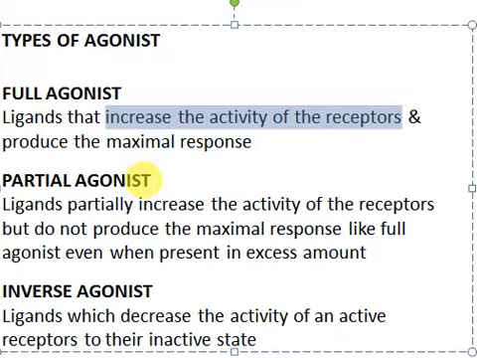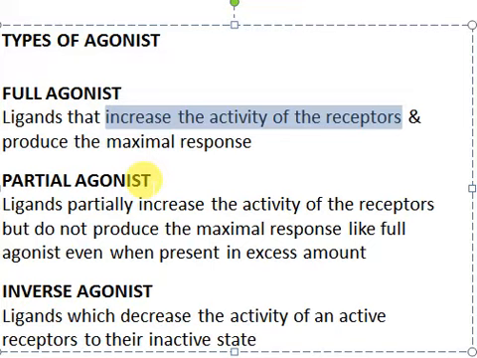This is the characteristic of a partial agonist because it binds partially to the receptor, so the receptor is not fully active and gives a partial response.